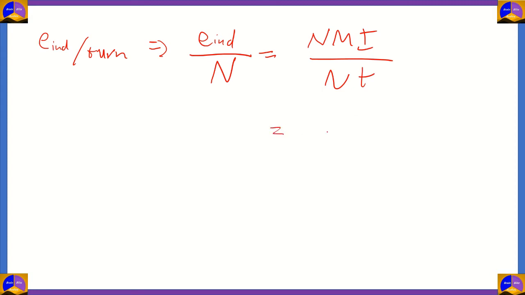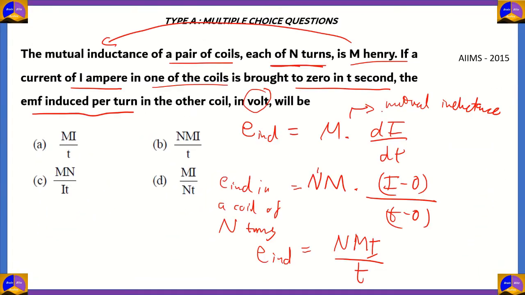The n's get cancelled, so we have MI divided by t as the EMF induced per turn for the other coil. Now if we look at our options, we can find that option A is the right option, and all we had to do was to find out the EMF induced per turn using the formula for EMF induced in a coil, which is n M di by dt.